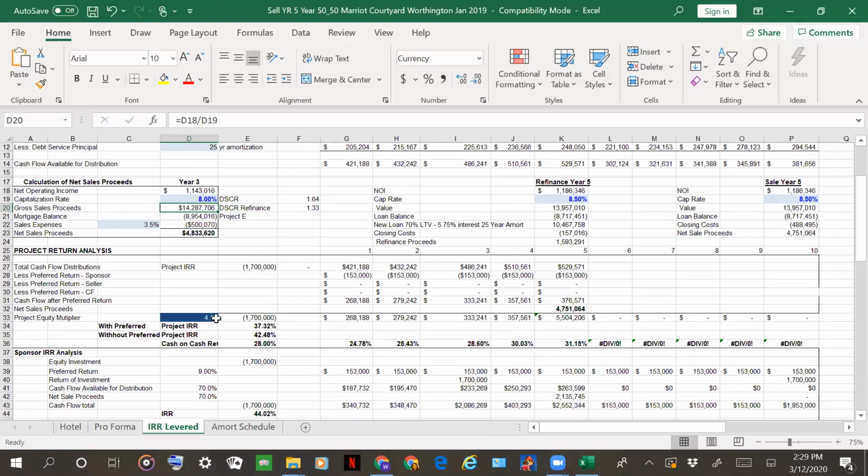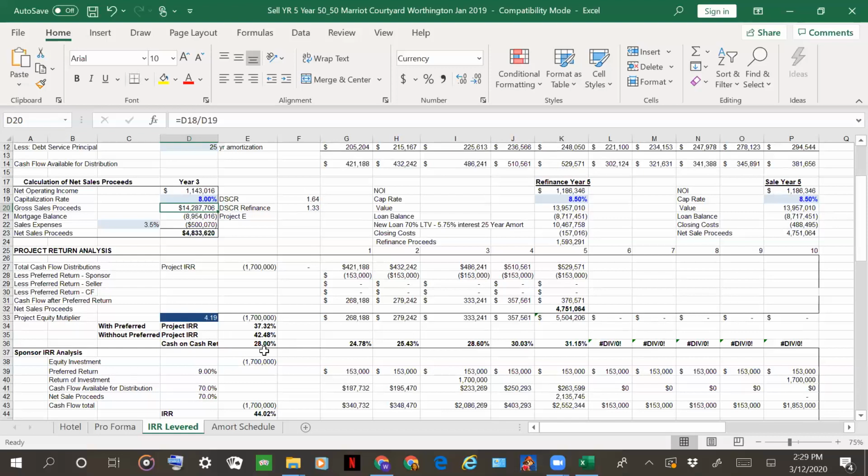This one is showing 5 years. Then it has an internal rate of return without the preferred, meaning no debt distributions to investors, just profit distribution to the project as a whole. It has a 42.48% IRR. It does a 28% cash on cash.